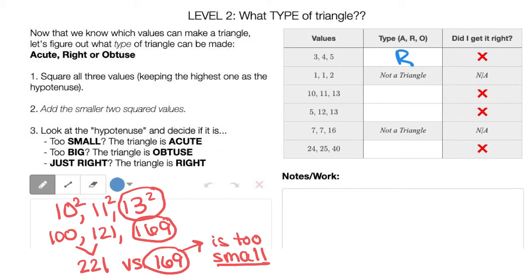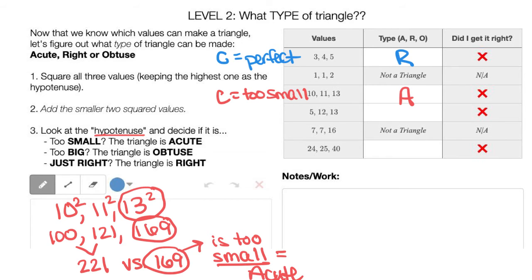Okay, 169 is too small, so this is acute. So always focus on what's happening with the hypotenuse or your C value. Okay, C was too small. Original problem, C is perfect. This one, C was too small.